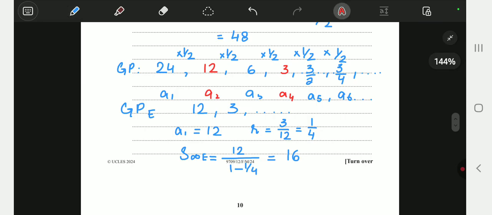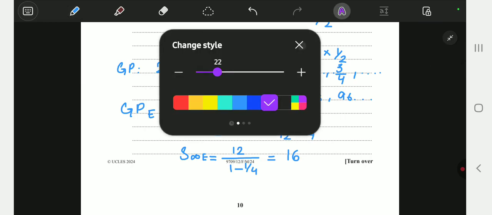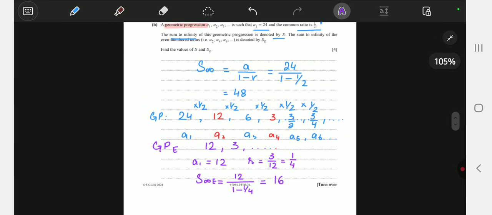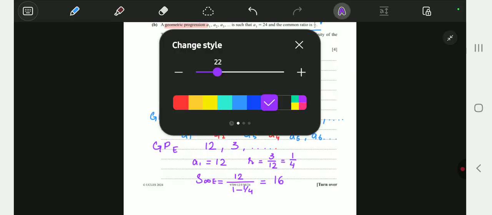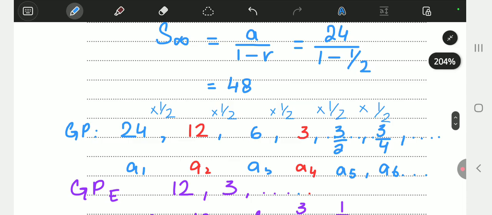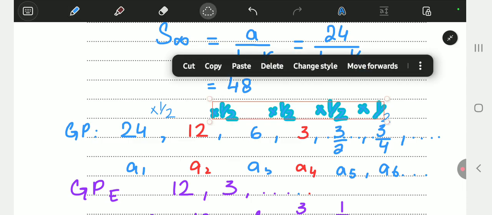Okay, so let's differentiate this. Okay, just keep it this way. So this is now going to be your new even term geometric progression, and this will be the sum to infinity for it. Okay, these are just the common ratios that we used.